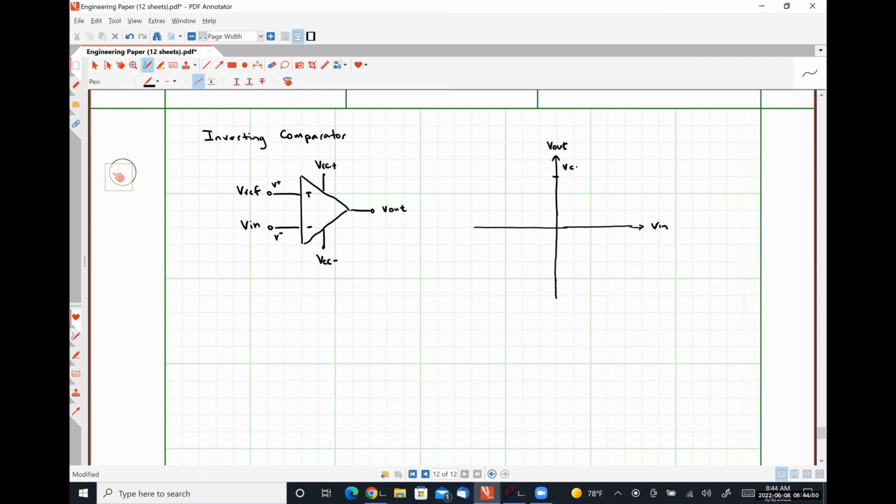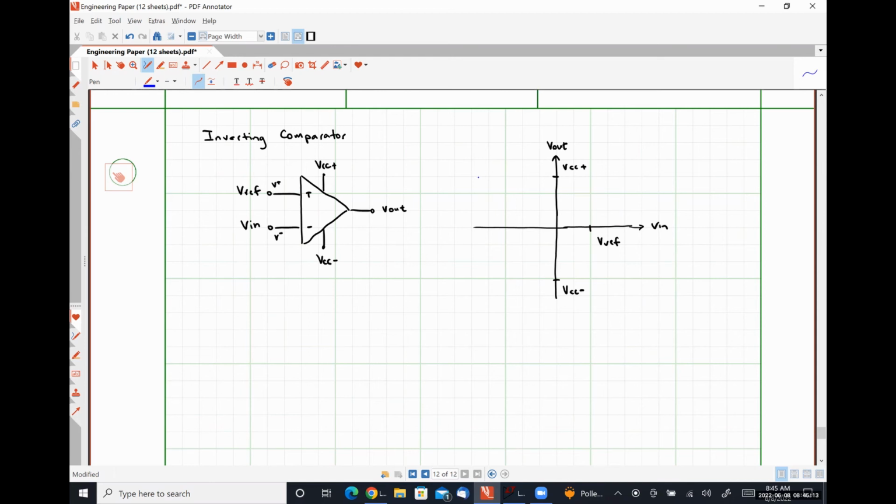Let's call this point VCC plus, this point down here, VCC minus, and this bit right here is our reference voltage. What we should expect to see is effectively the exact opposite behavior because we've swapped our input signal and our reference signal.